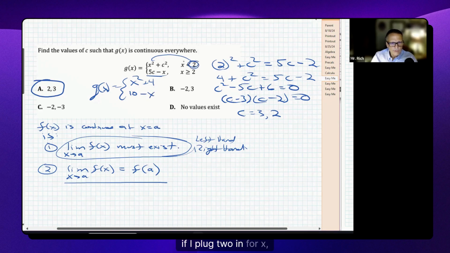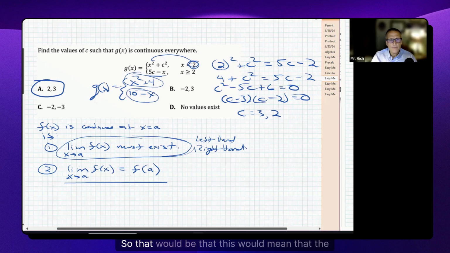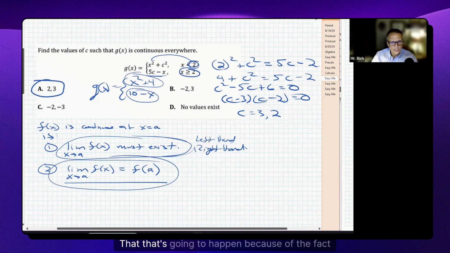If I plug 2 in for x, I get 8 right here. And if I plug 2 in for x, sure enough, I get 8. So that would mean that the function has to be continuous right there. The fact that this is greater than or equal to 2 ensures that the hole is going to be plugged.